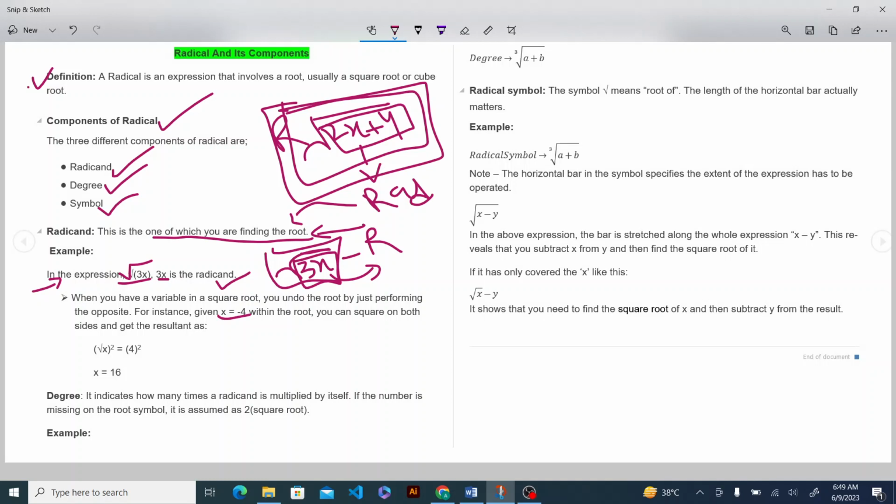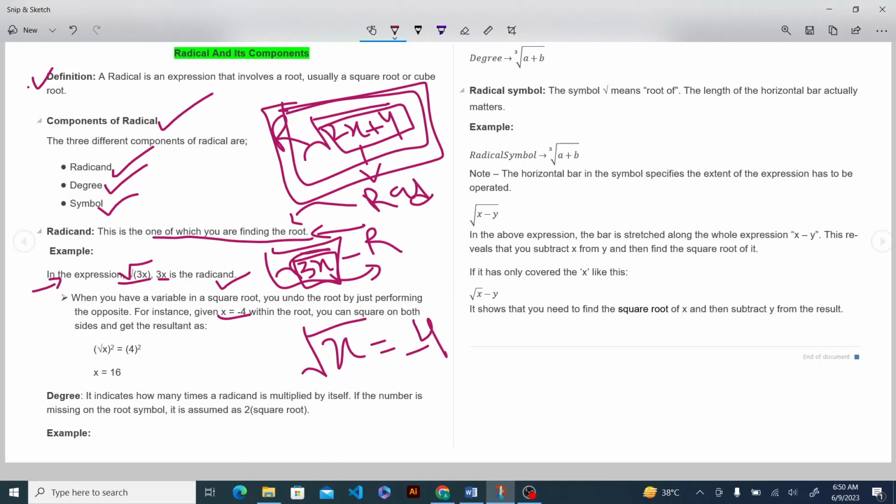Okay, by removing that root, how are we going to get rid of the root and find the value for the variable, suppose x.